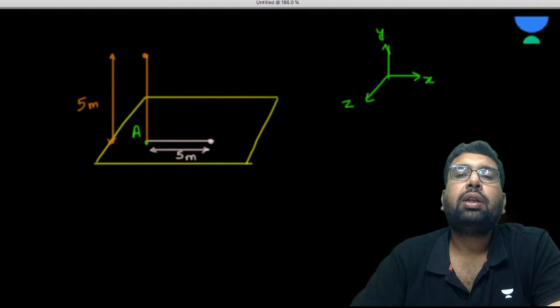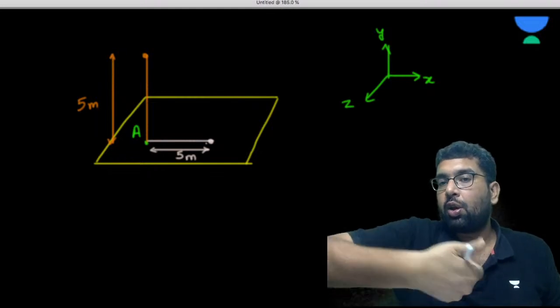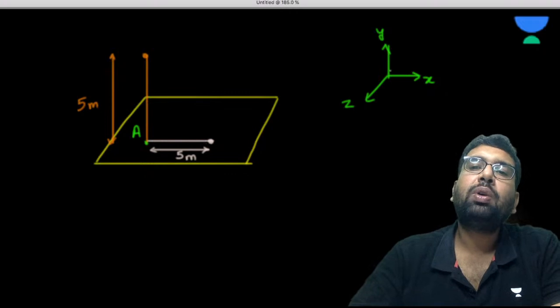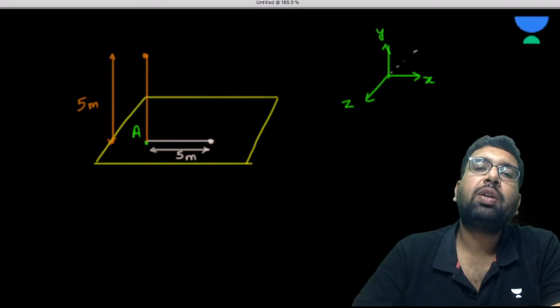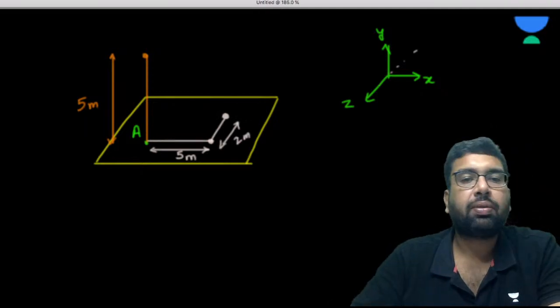If you see this north, this is vertical, this is east, so this is north. When you are moving towards the north, you are moving in this plane, moving 2 meter, basically parallel to minus Z direction. Do you agree or not?